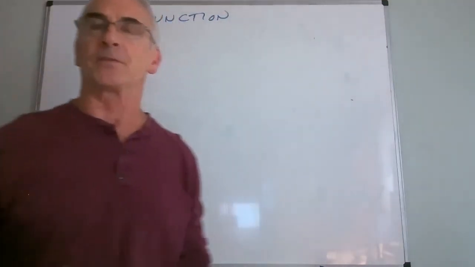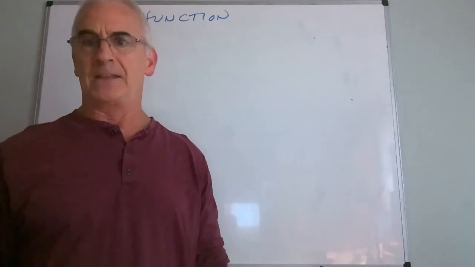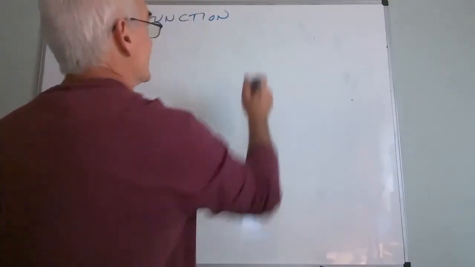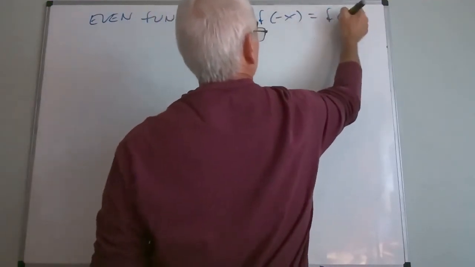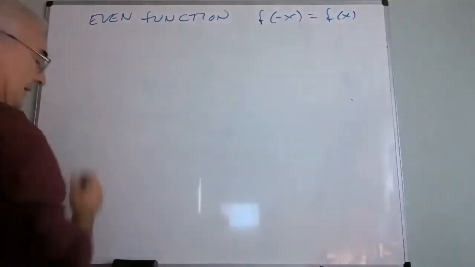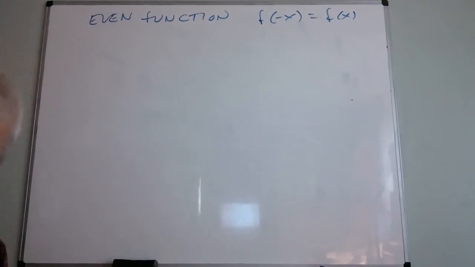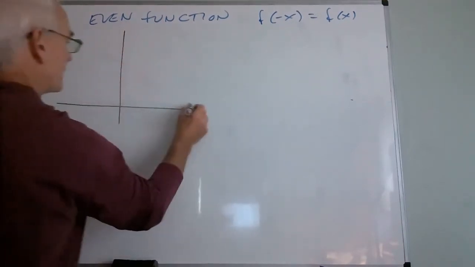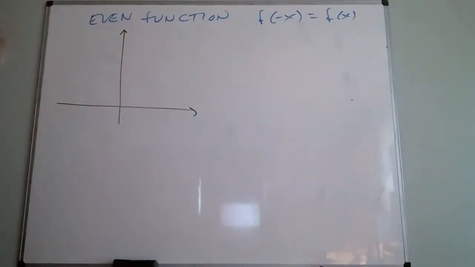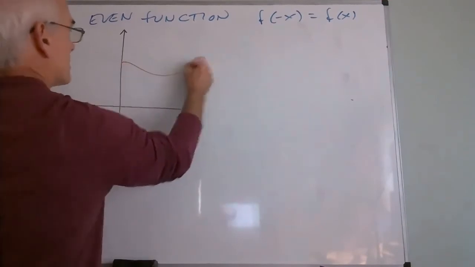First of all, the concept of something called an even function. Now, the definition of an even function is that f of negative x equals f of x. Graphically speaking, what makes something an even function is that you have what's called y-axis symmetry.